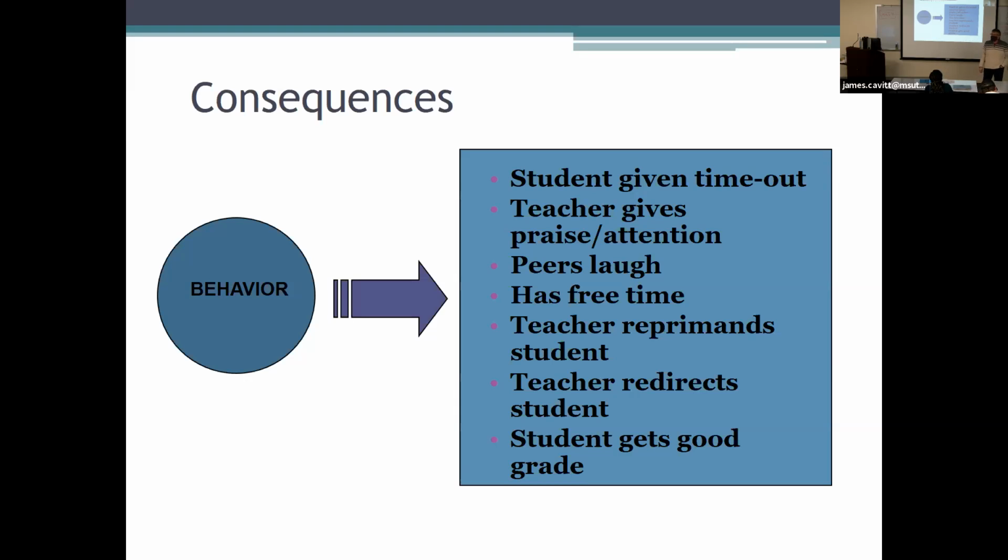Outstanding job taking notes. Good job sitting in your seat. You positively give that. Good job putting your stuff away. Good job talking nicely to your next door neighbor. Those kinds of things. But you name the behavior that they did well or that they didn't do as well.